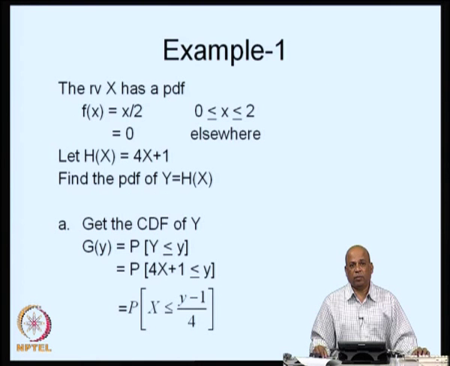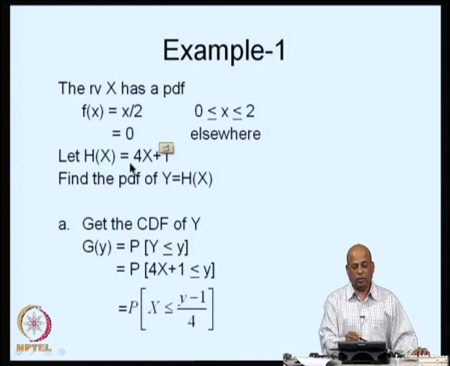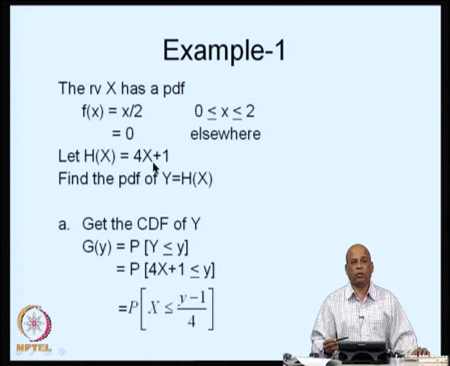Let us take an example. Let us say f of x is equal to x by 2 over the region x varying between 0 and 2, and we define a simple function h of x, that is, y is equal to 4x plus 1. We are interested in getting the PDF of y equal to h of x.